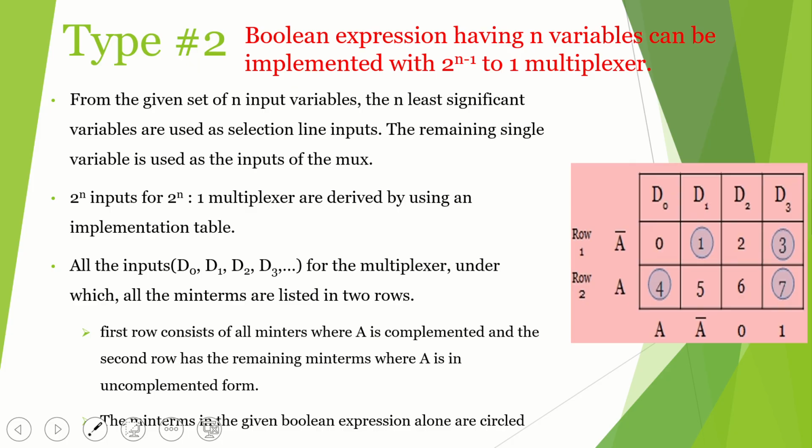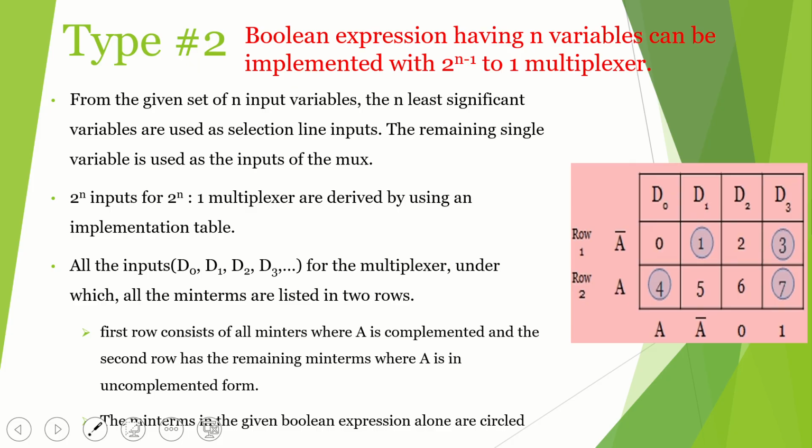For example, if A and B are the variables, B is taken for the selection input, but the left out variable A is considered as one of the inputs. So we have D0, D1, D2, D3 as the inputs, and A is also one type of input.